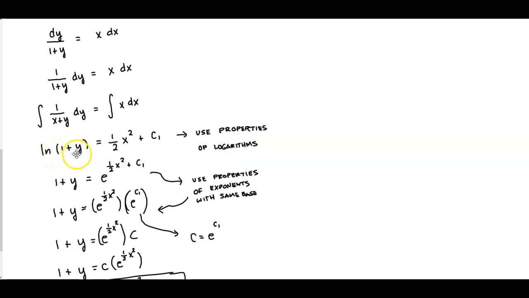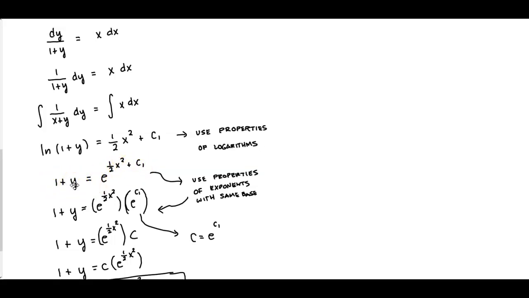When we have a logarithm of an argument, and it's equal to this, we can rewrite this using a base of e. So e to the exponent equals 1 plus y. So it's going to be e to the 1/2 x squared plus c1, which is equal to 1 plus y.